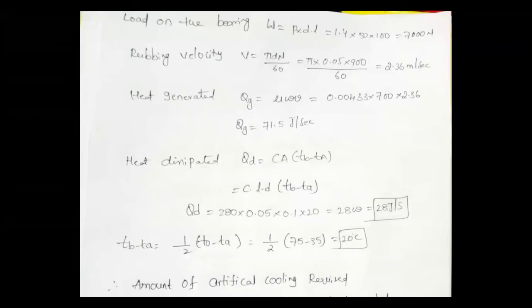Suppose by chance the amount of heat generated is less, say only 15 joule per second, and the amount of heat dissipated is 21 or something like that. It is not possible, but suppose by unusual calculation someone has got these answers, then immediately you have to recollect the concept: because it is artificial cooling, the amount of heat generated is more than the amount of heat dissipated.